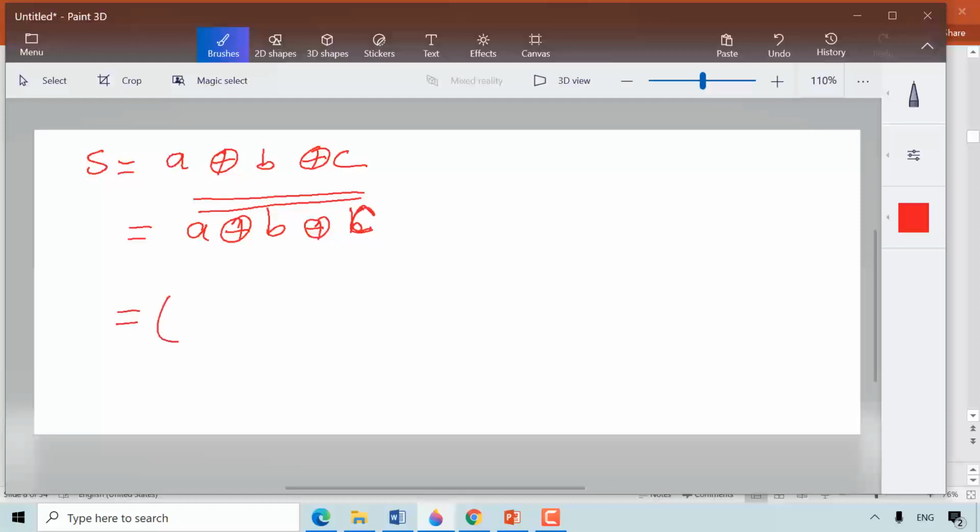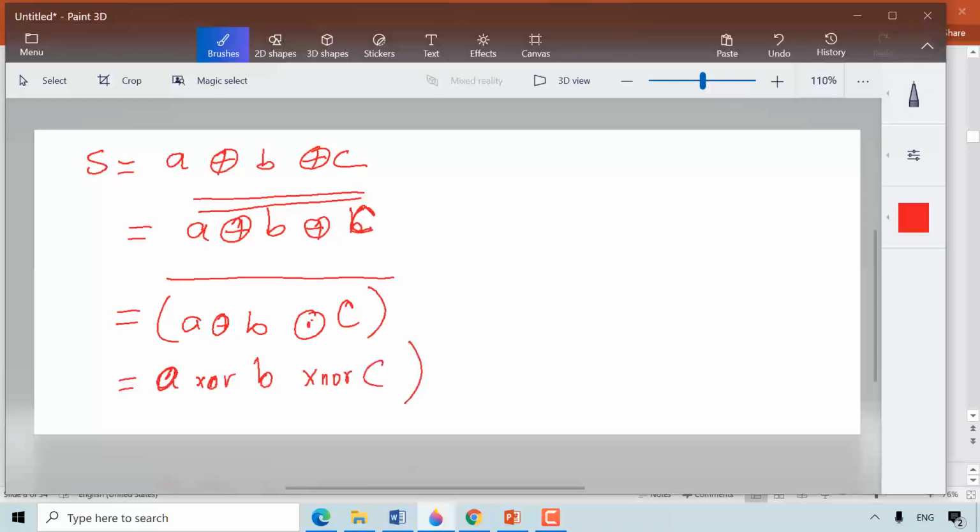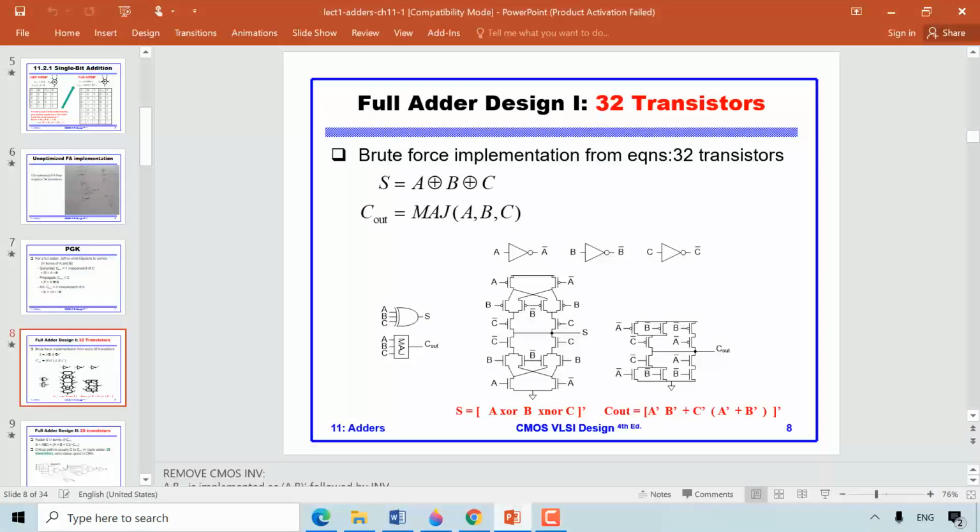So now we keep one of them, and then we introduce the lower inversion. This is A XOR B XNOR C. And that's what we have in the slide: A XNOR, XOR B XNOR C, and then you have the inversion. So that's what we have in the slide.